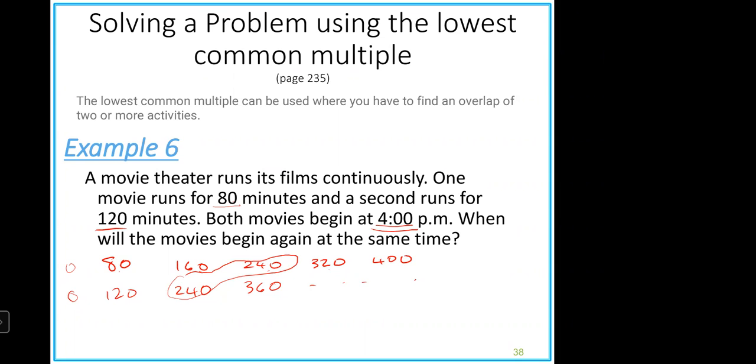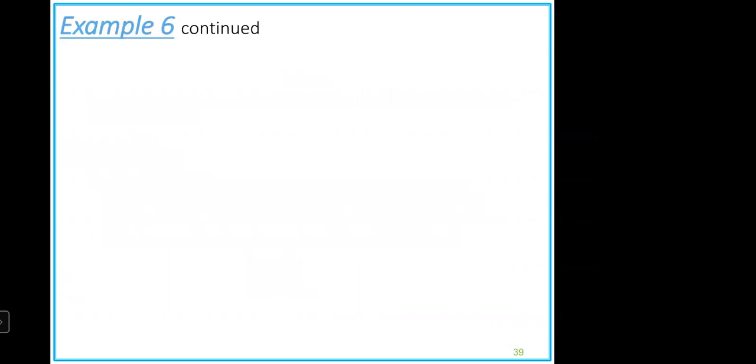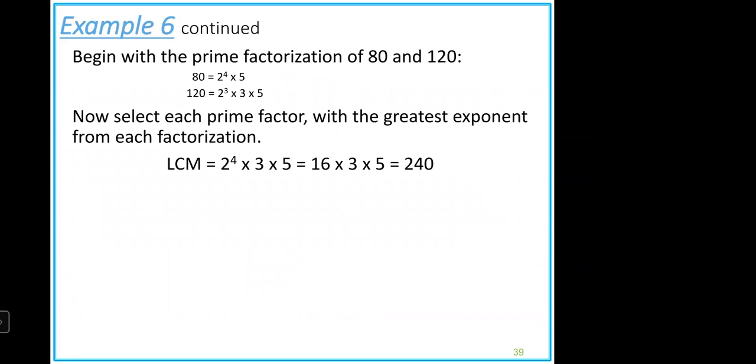You could have also done the prime factorization and found the LCM for both. You would still get that same 240. In your book, you'll see the same thing on page 235. They did the prime factorization here. So 80 is that, 120 is this. They take all the factors, not just the common ones.